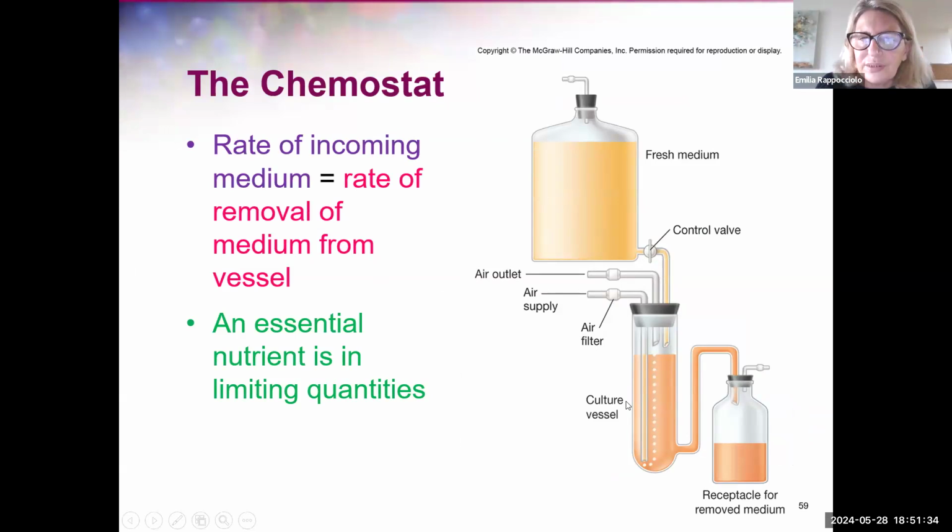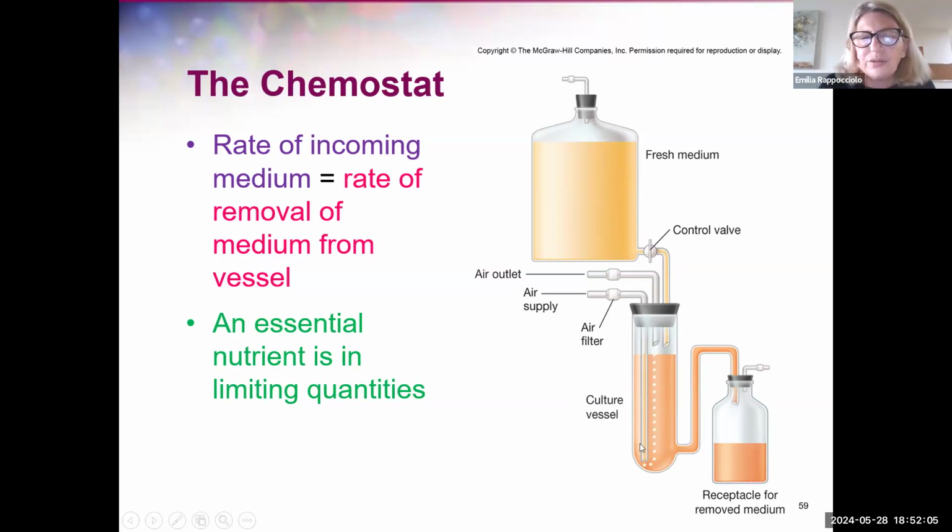In the chemostat, you see here is the place where the bacteria are growing. This is the culture vessel, the place where the bacteria are growing, dividing, and producing whatever I want to take from them. I have fresh medium containing nutrients, which I can add. This is a control valve that allows me to put in fresh medium, and so on.